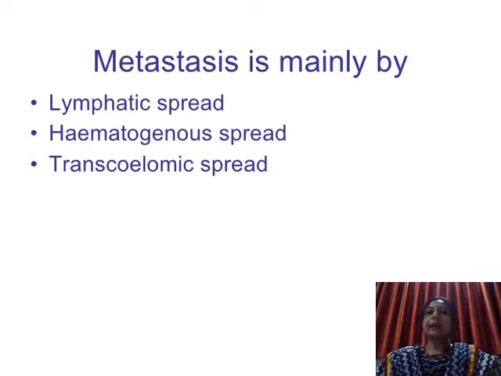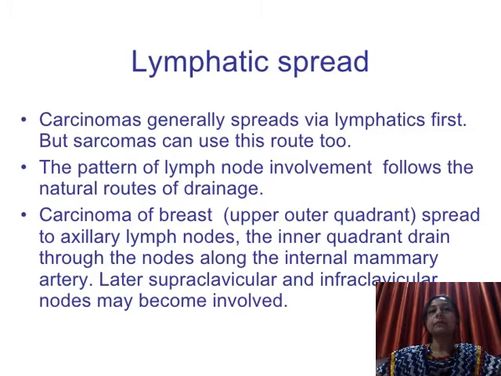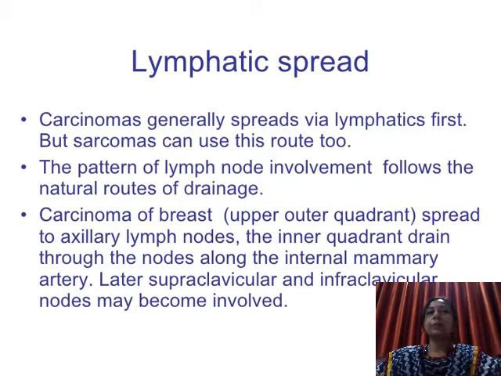Metastasis commonly occurs through lymphatic spread, hematogenous spread, and transcelomic spread. Lymphatic spread is commonly seen in carcinoma, but sarcoma can also use this route. But carcinoma generally spreads by the lymphatics. The pattern of lymph node involvement follows the natural route of drainage most of the time.